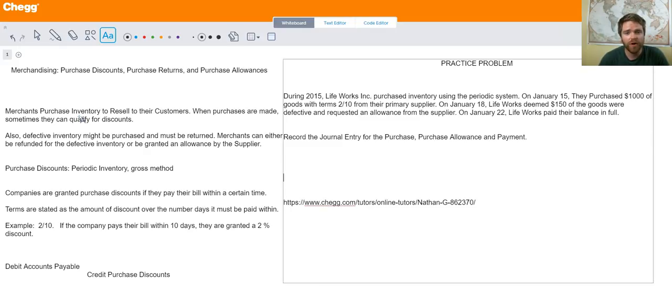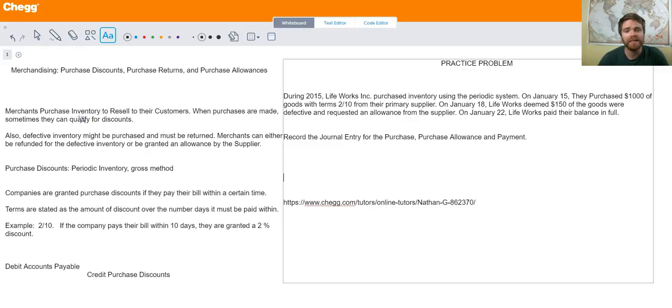Now, when merchants purchase this inventory from their suppliers, sometimes the supplier will give them a discount if they pay within a certain period of time. Also, sometimes merchants will purchase inventory and realize that maybe it's defective and they'd like to return it. So today we're going to be talking about how to account for purchase discounts and purchase returns and allowances.